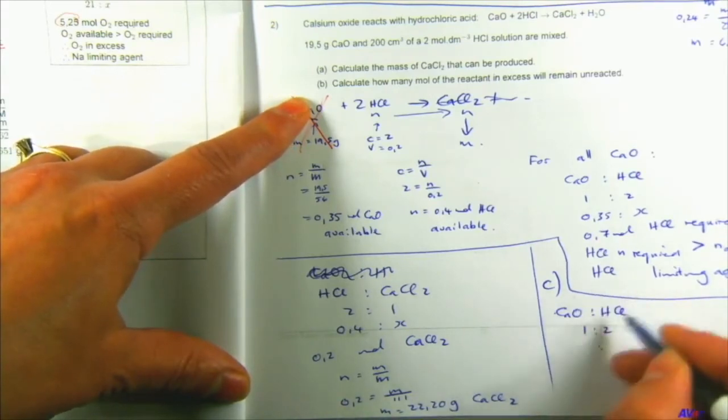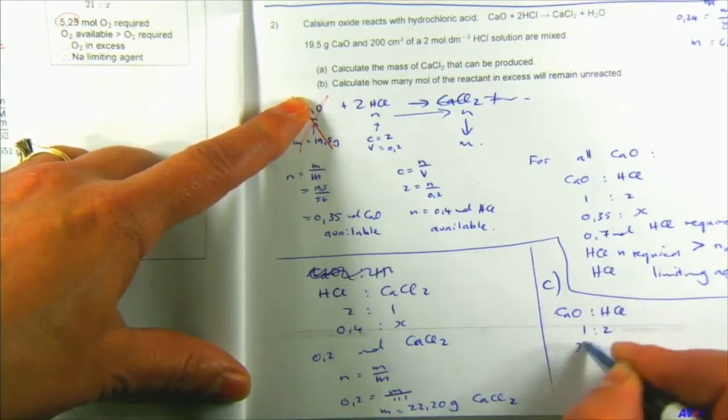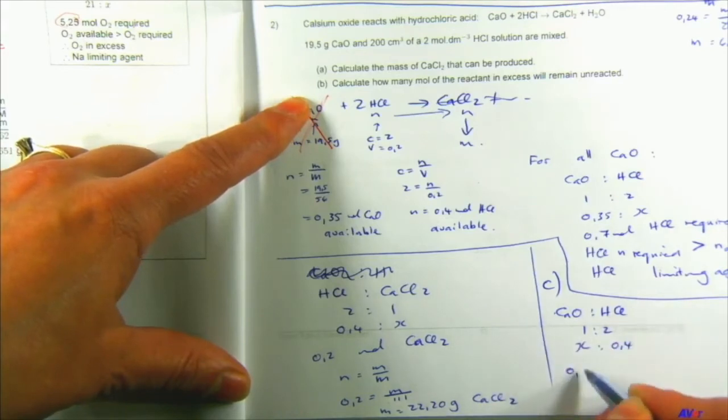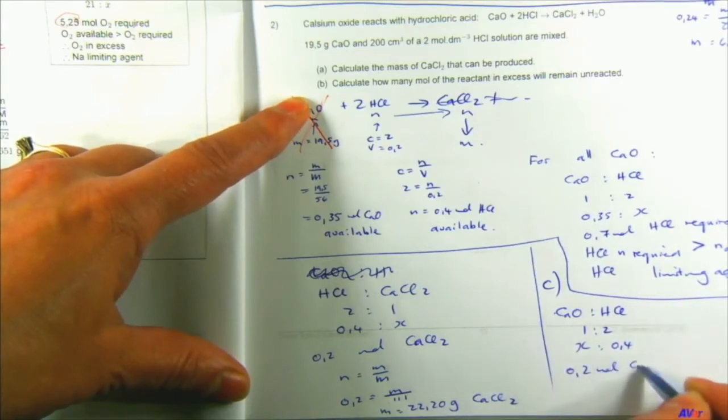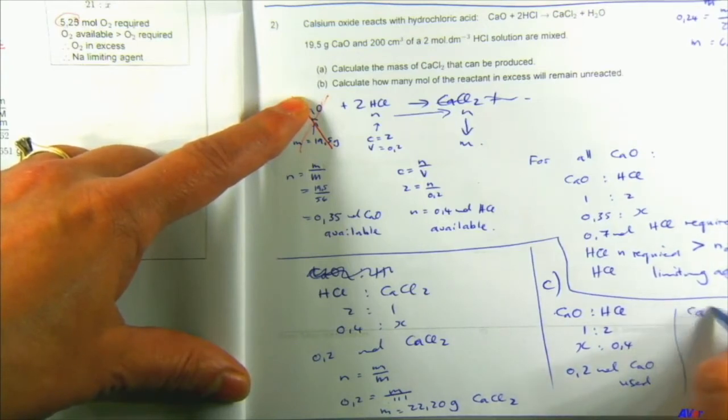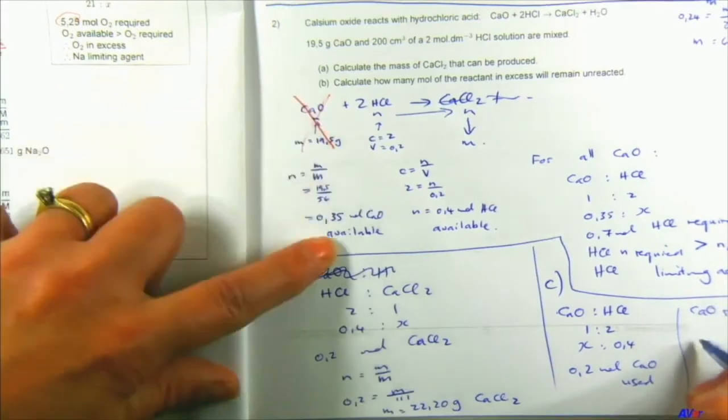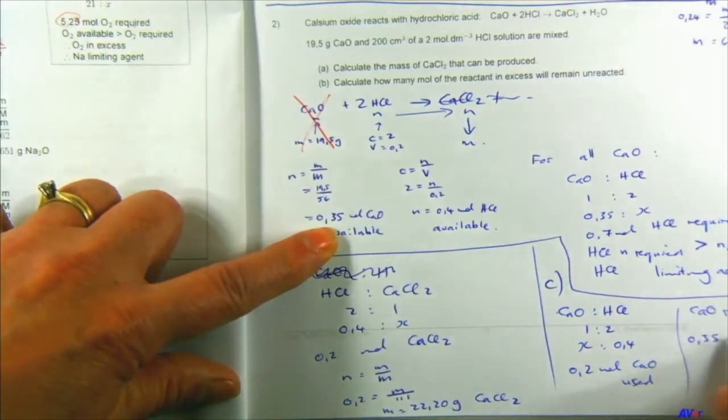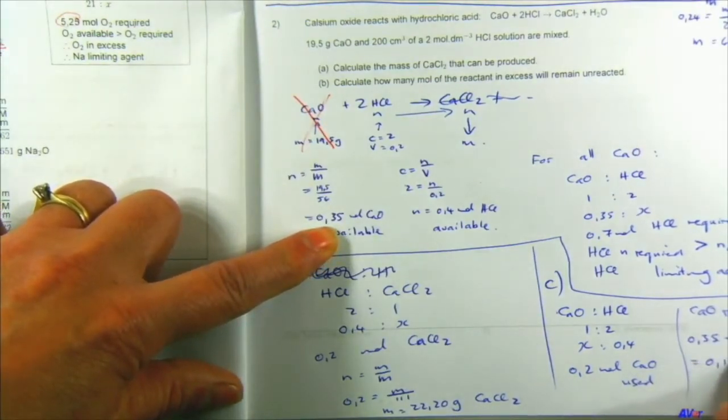If all of the HCl reacts, how much of the calcium oxide will be used? 0.2 moles of calcium oxide will be used. And then, how much calcium oxide remains? I started off with 0.35 and I used up 0.2, giving me 0.15 moles.